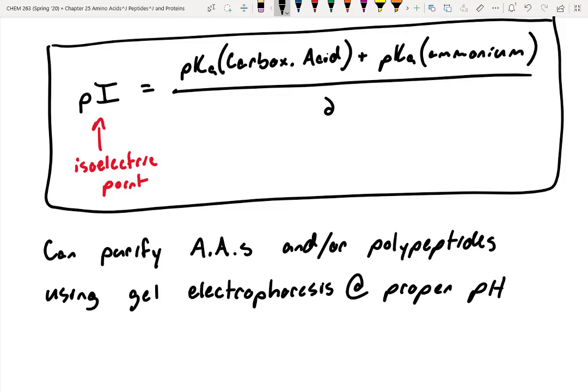If you ever go on into a biochemistry lab and do some of this synthetic chemistry, you might actually do some of this gel electrophoresis, but I wanted to introduce the basic concept.